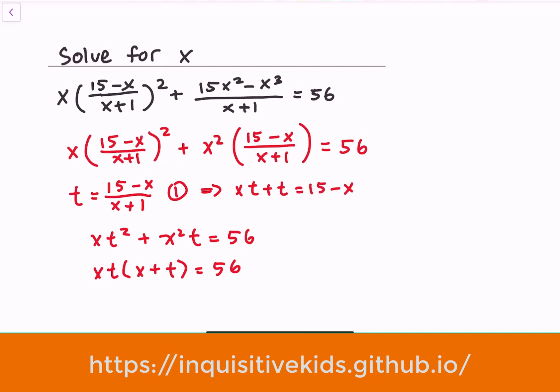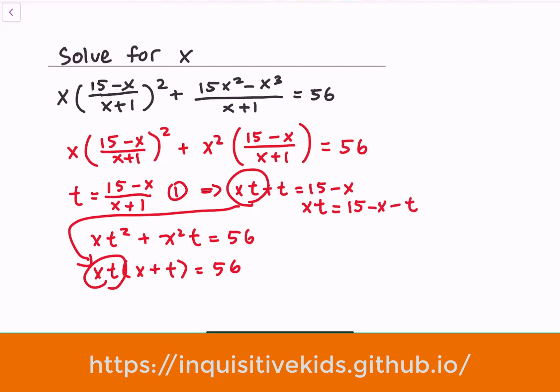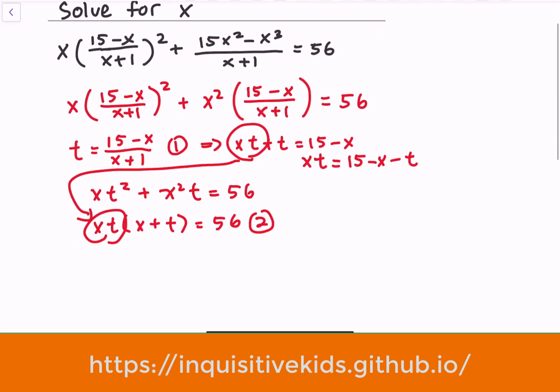We are doing this so we can find what the value of xt is, and then rewrite it over here. xt can be represented as 15 minus x minus t. So for this equation, let's just call it equation number 2, we can substitute the value in for xt.